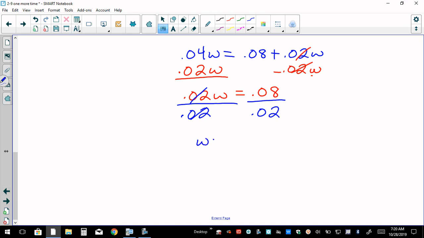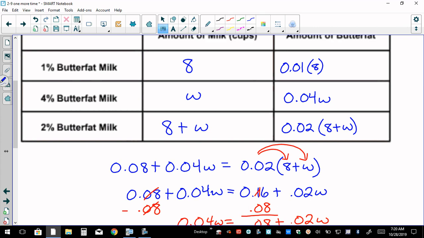So W is going to equal 4 cups. If you plug that back in, it does work. So up here, you're going to need 8 cups of 1% butterfat milk, 4 cups of 4% butterfat milk to make a 2% butterfat mixture.